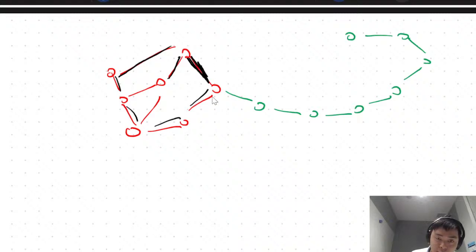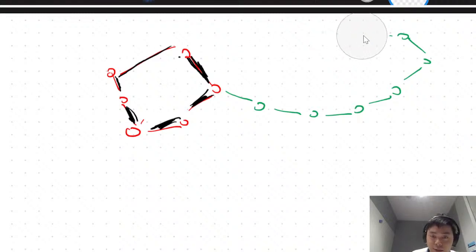So this will be my Hamiltonian cycle. Oh wait, it's not a cycle. Let's suppose I ignore this. So very clearly, it will have a Hamiltonian cycle. So I construct the Hamiltonian cycle here, which is basically just this cycle.